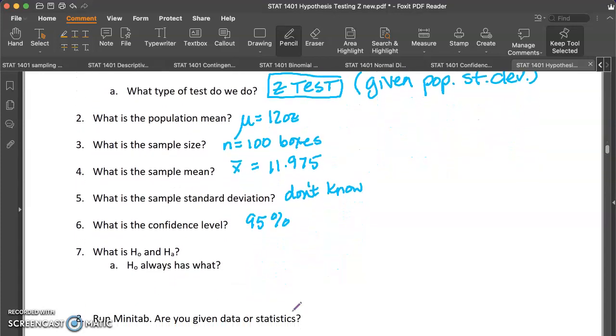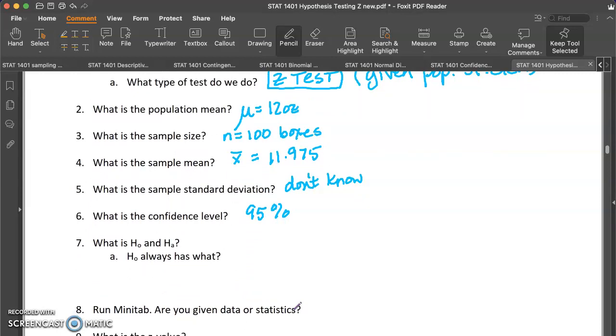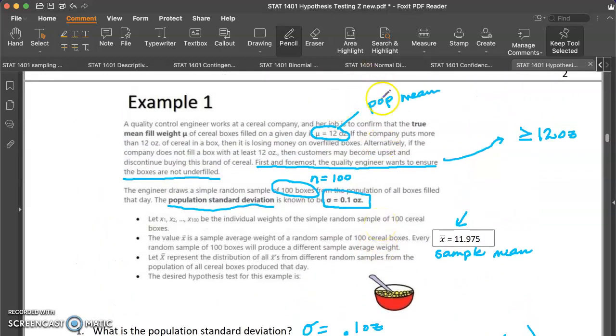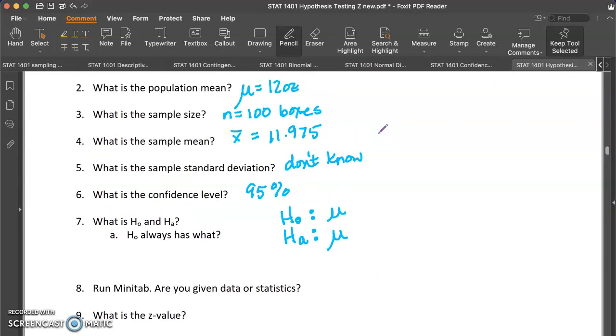And then what is your null hypothesis and what is your alternate hypothesis? So what I want you to do every time is write this down. That is, your null hypothesis has the little 0 here for none or null. And you're always going to be checking your population mean against what they've told us the population mean is, and that's 12 ounces.